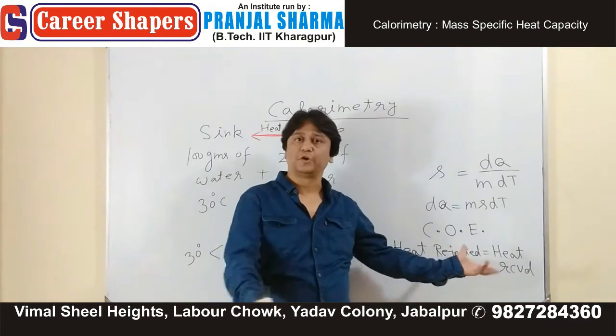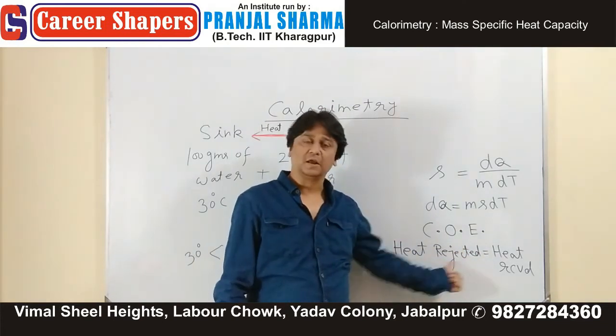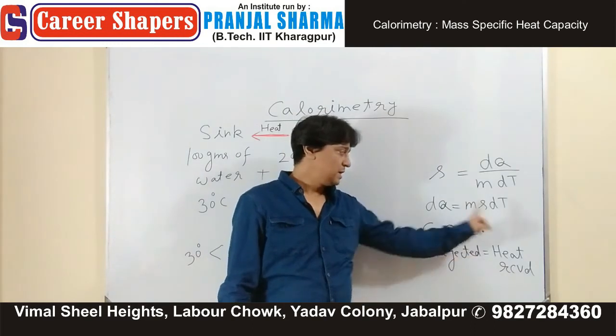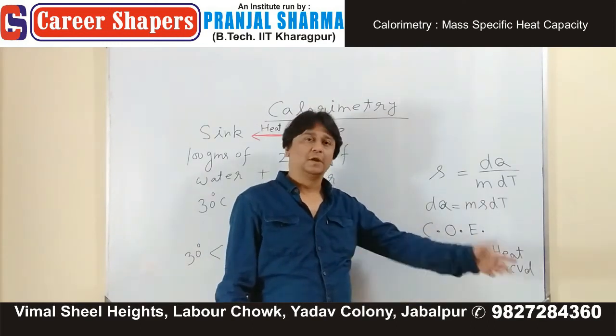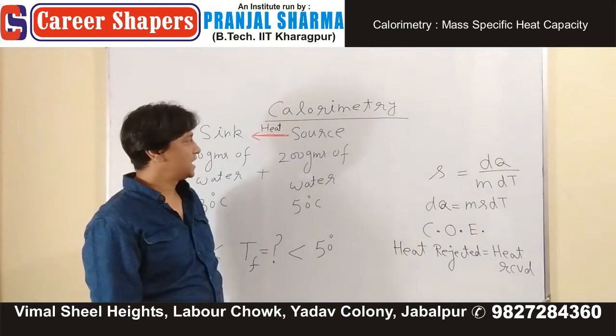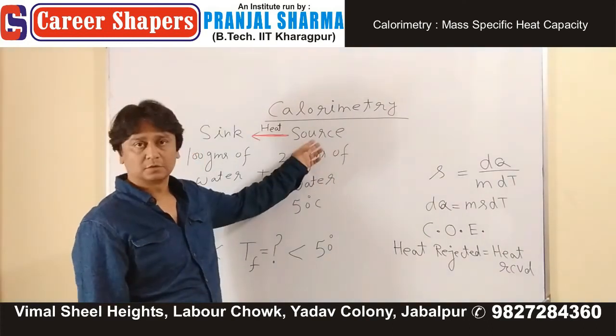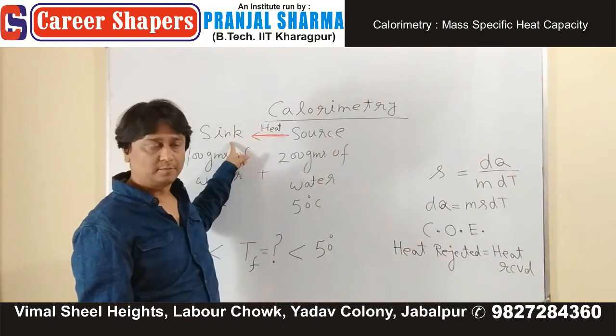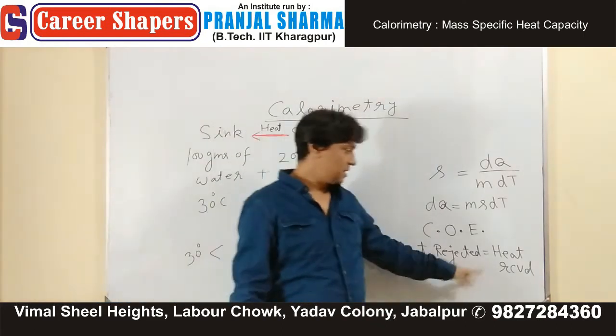This is conservation of energy, and remember the simple line: heat rejected is equal to heat received. हर आदमी को पता है कौन heat reject करेगा. Source. कौन रिसीव करेगा? सिंक. Heat rejected is equal to what?